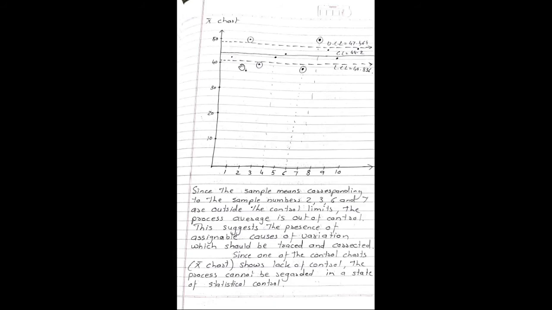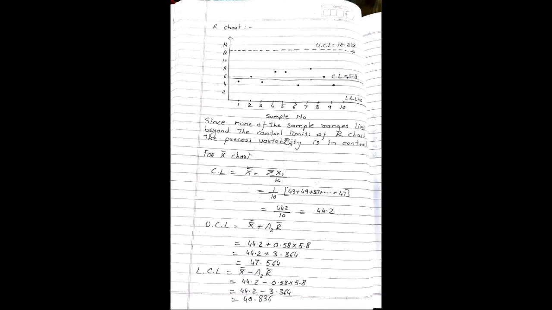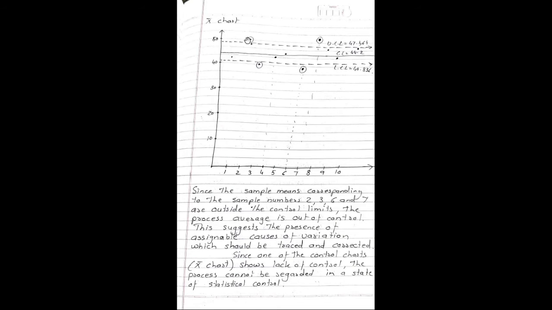See, 43, 49, 49 is going up. 43, 49, 37, 44. 49 is going up, 37 is coming down, and 47. So 1, 2, 3, 4. Out of these 4 points, one is going above the upper control limit, the other is going below the lower control limit.